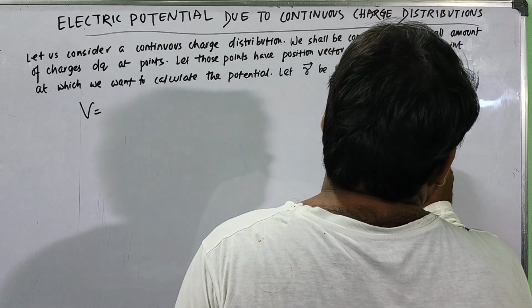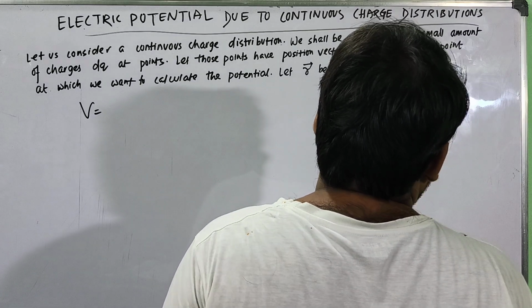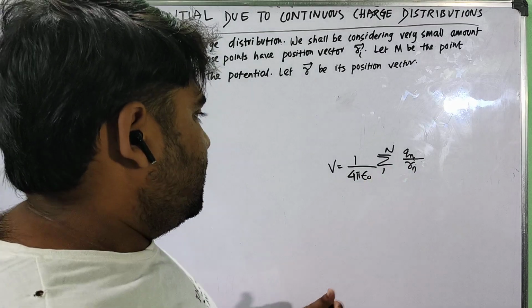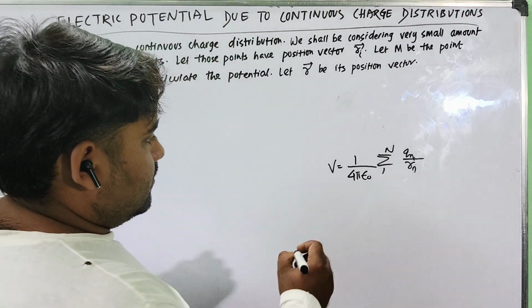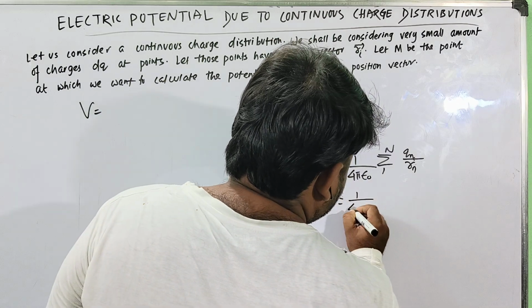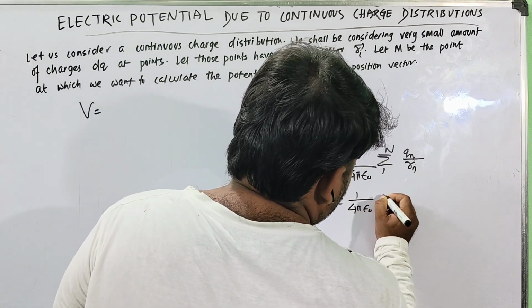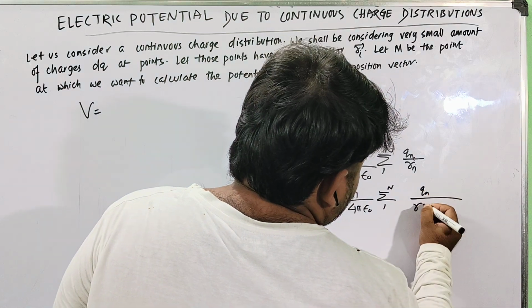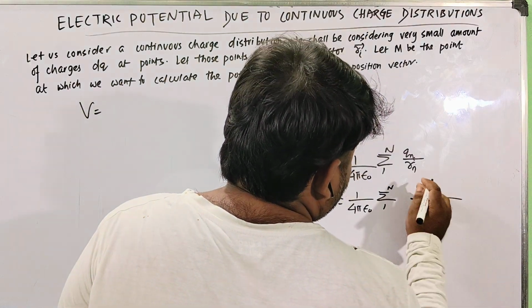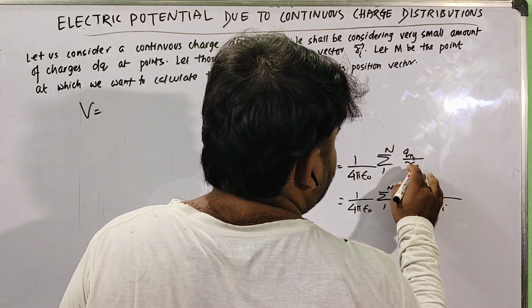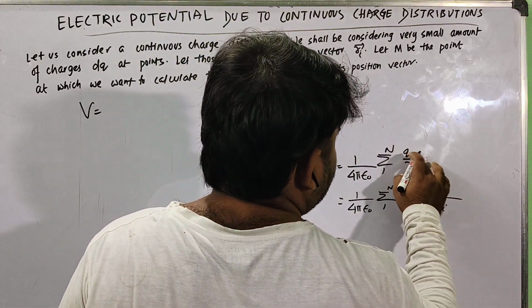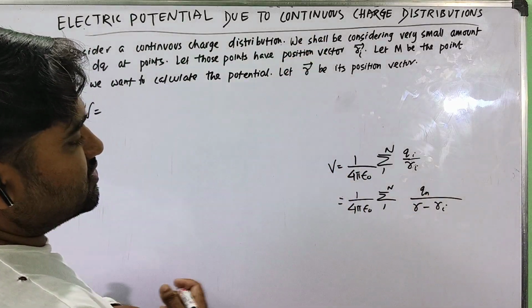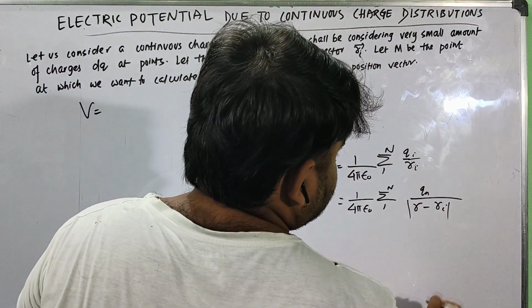So if we know the position vector of M, we can write 1 upon 4 pi epsilon naught summation 1 to n qn by the magnitude of r minus ri vector. Since it is very compact, we can write r minus ri.